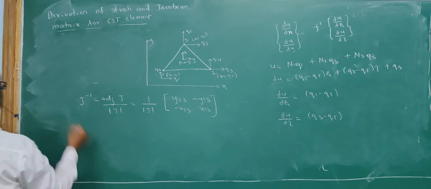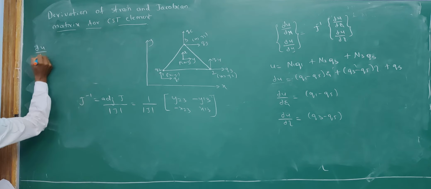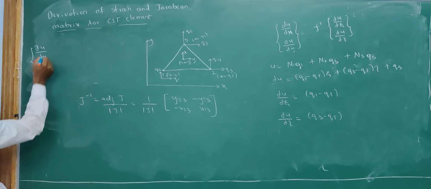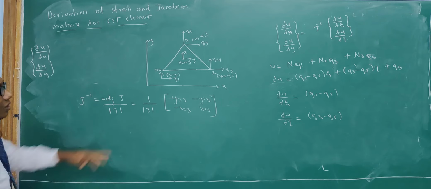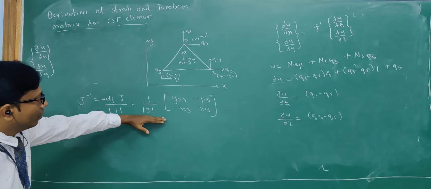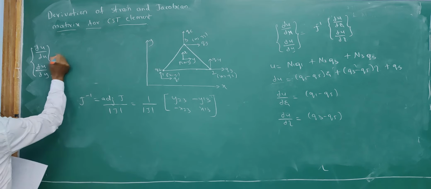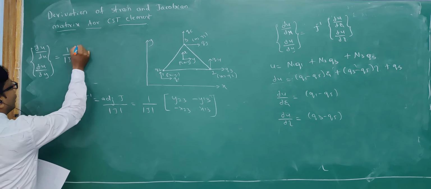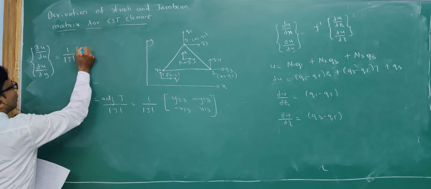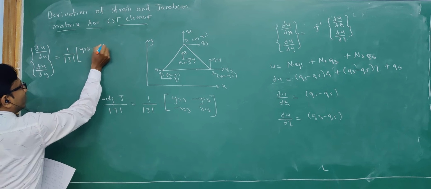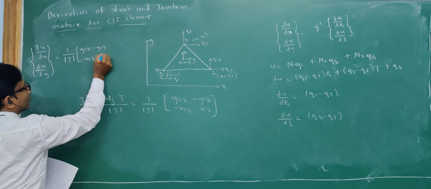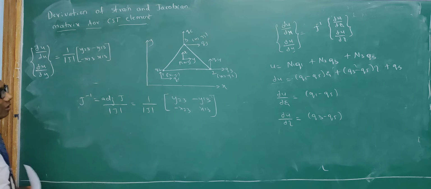You know that we have to find out dou u by dou x and dou u by dou y. For this, I have to take J inverse. J inverse is nothing but 1 upon determinant J into the matrix with y23, minus y13, minus x23, and x13.